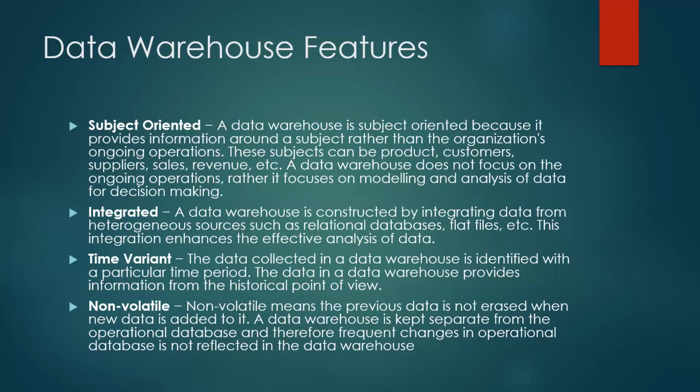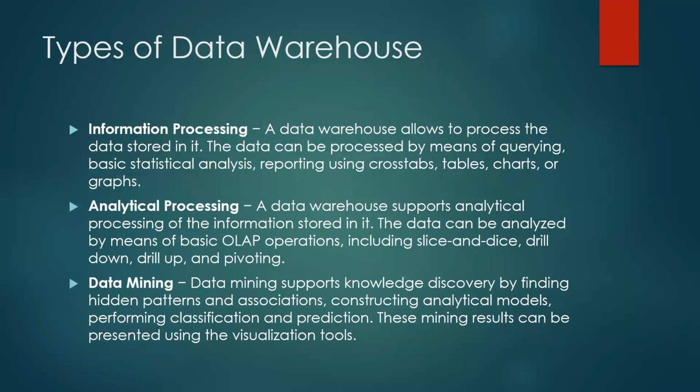So these are the features of warehousing. Now, if you talk specifically about the different types of data warehouse, you have information processing. A data warehouse designed for information processing allows you to process the data stored in it.